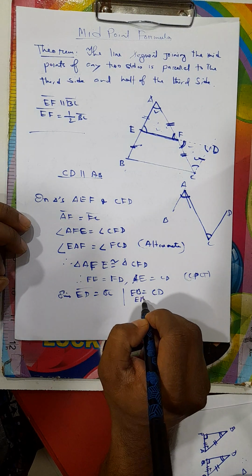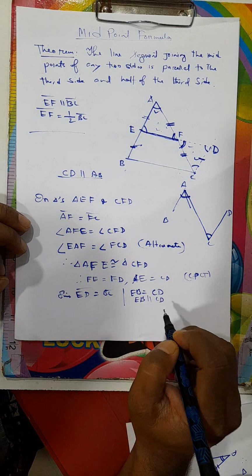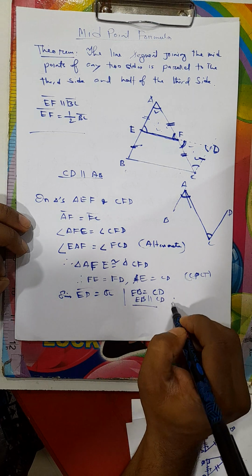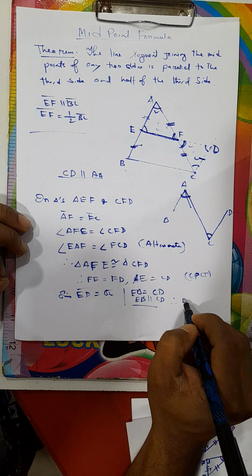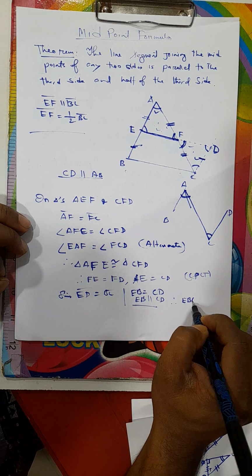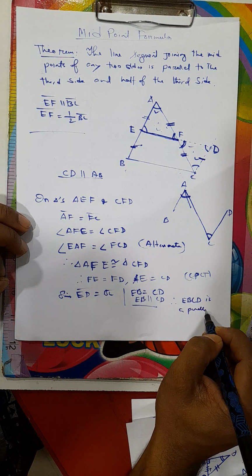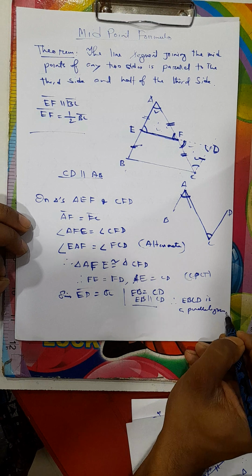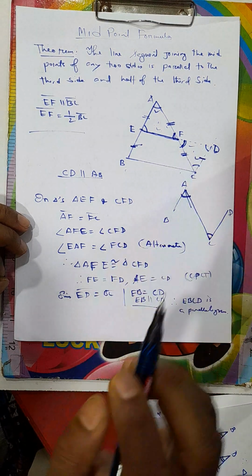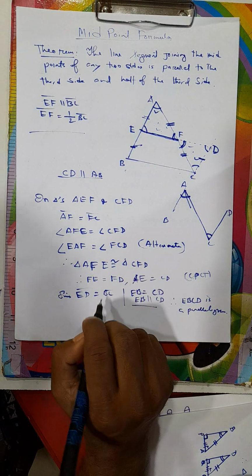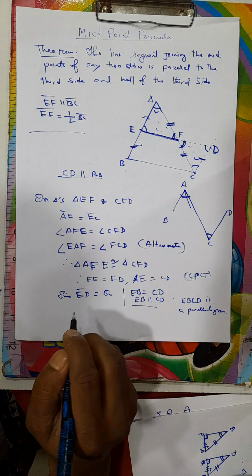EB parallel to CD by construction. So therefore EBCD is a parallelogram. In a parallelogram, you find opposite sides are equal. So ED equal to BC.